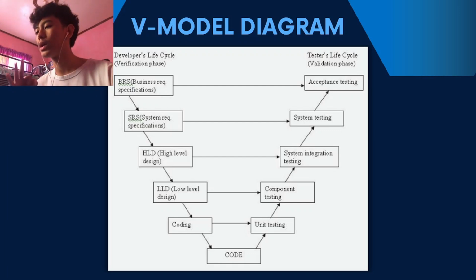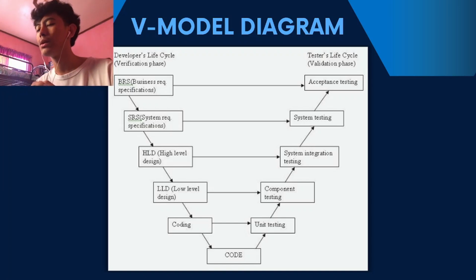So the third one is the LLD, or what we call low level design. In LLD we design the actual components of the software, detailing the logic for each part. Component tests are prepared to check these individual pieces.